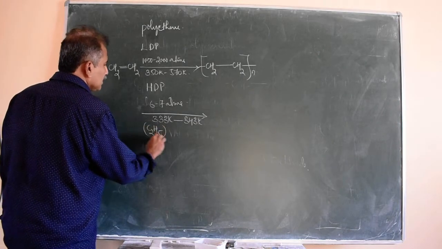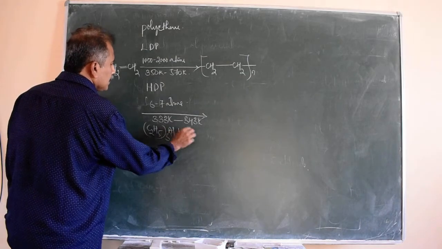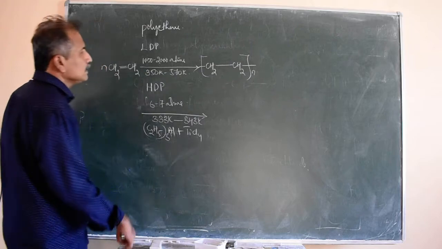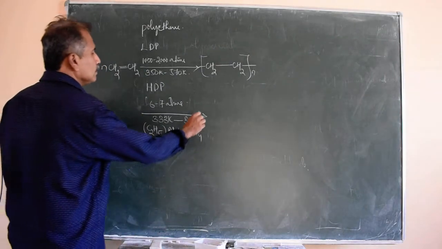(C2H5)3Al plus TiCl4. So that also gives you polythene.